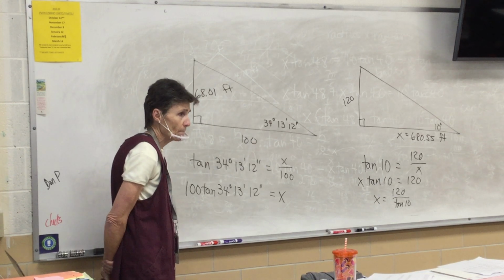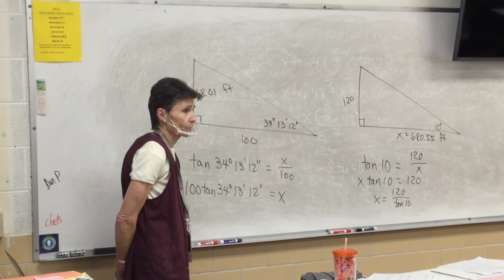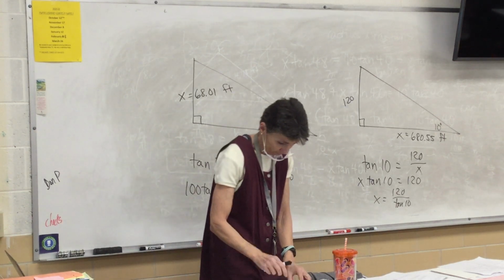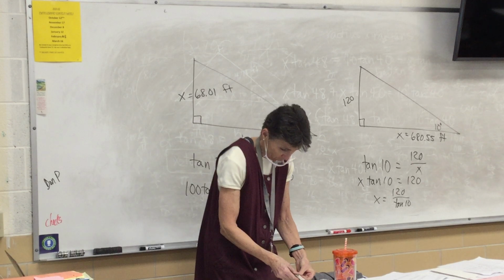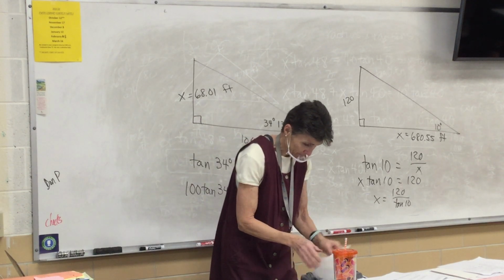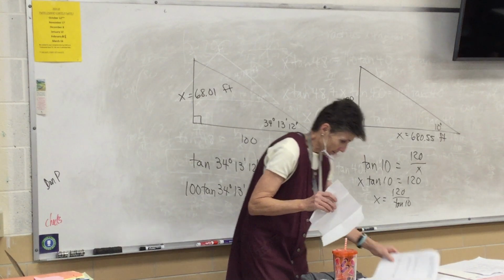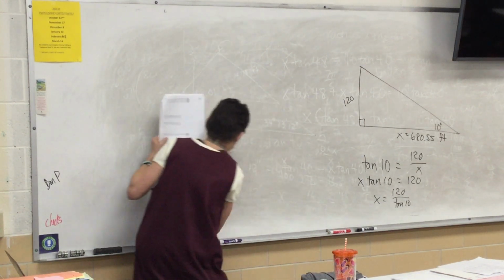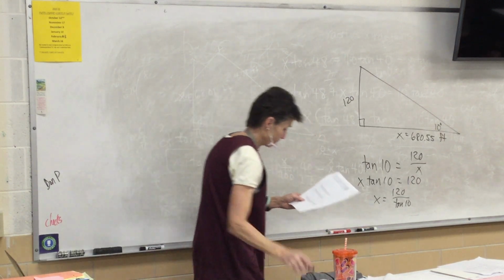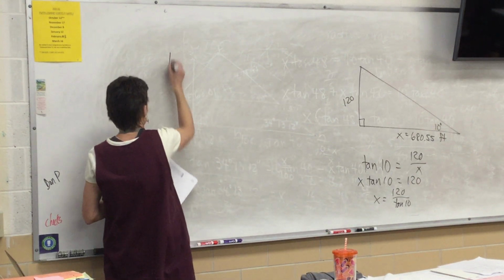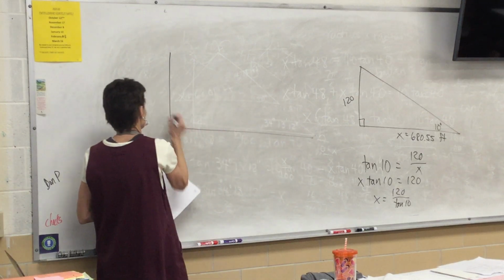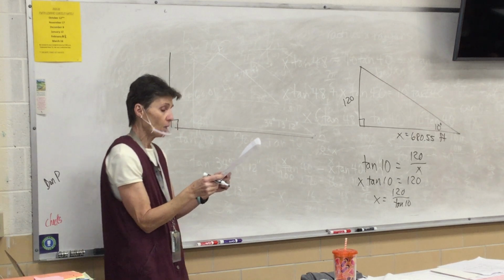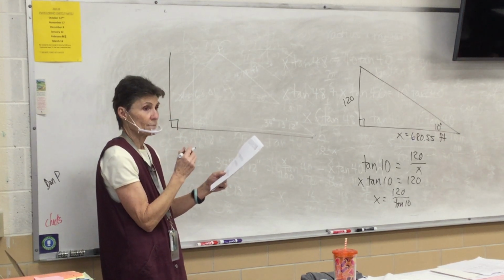Okay. We have one more to go. It looks like it might be a whopper. Might be another one like our penguin balloon problem. Let's see. From the top of the 100-foot building, a man observes a car moving toward the building.